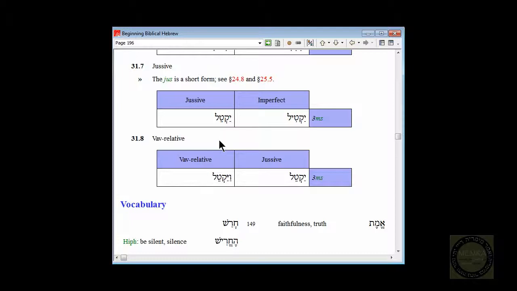Remember, I told you long ago that it would be really worth your while to memorize the vowel classes. What's an A-class vowel? What's an I-class vowel? What's a U-class vowel? Here's the payoff. If you know the vowel classes, you will be able to peg verb stems, verb patterns, by the patterns of the vowel classes.